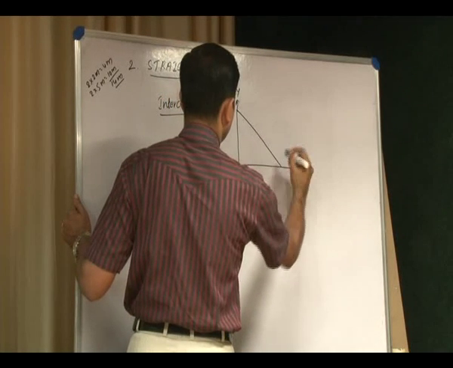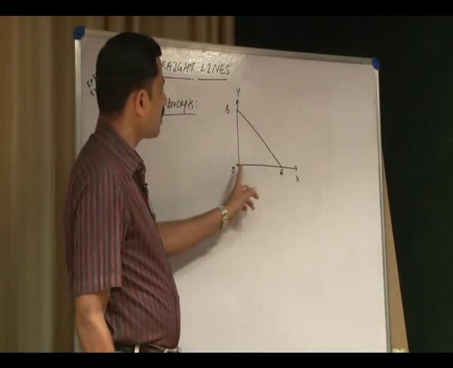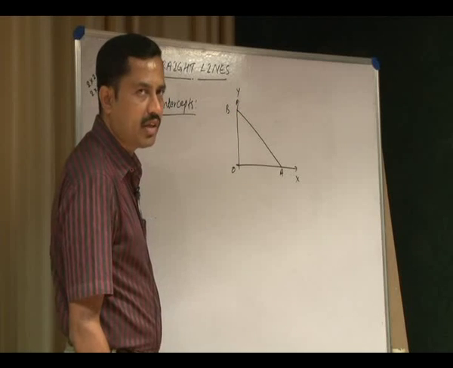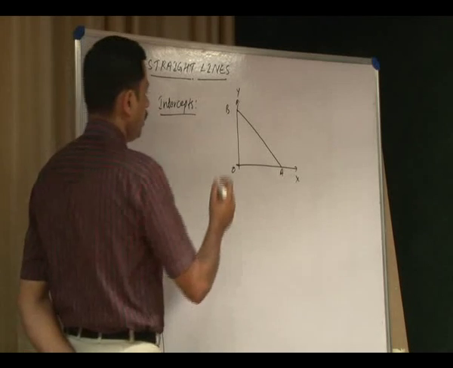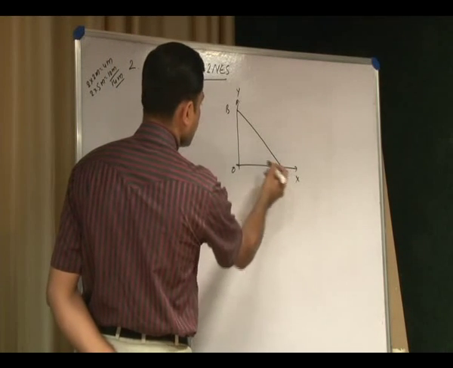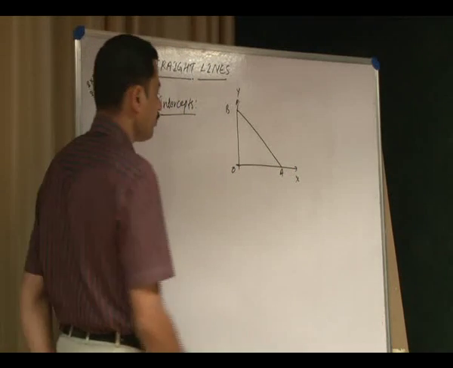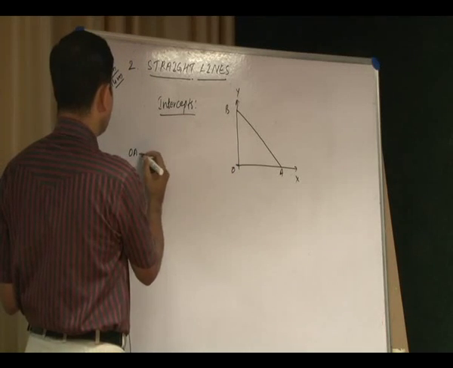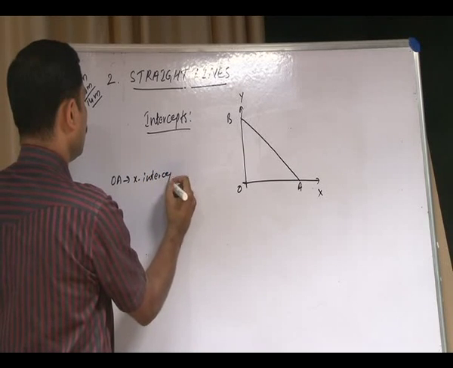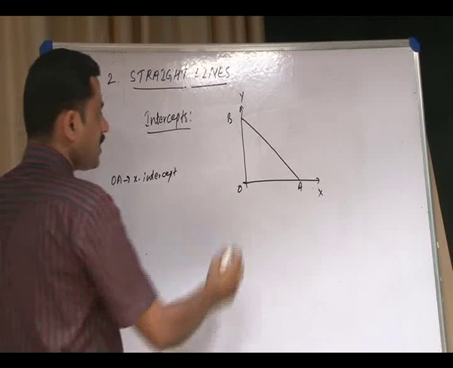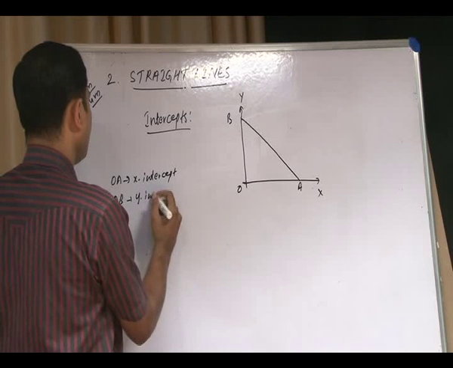Line AB cuts the x axis at point A and the y axis at point B, as shown in the figure. The distance from the origin to the point on the x axis, OA, is called the x intercept. Similarly, the distance from the origin to the point on the y axis, OB, is called the y intercept.